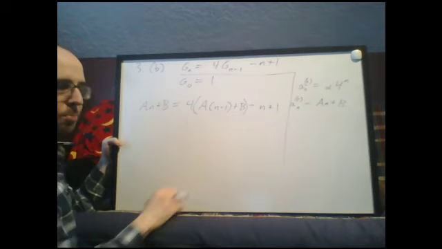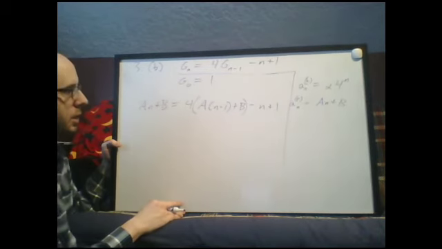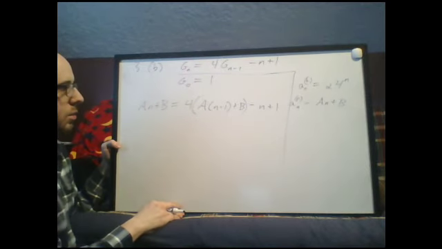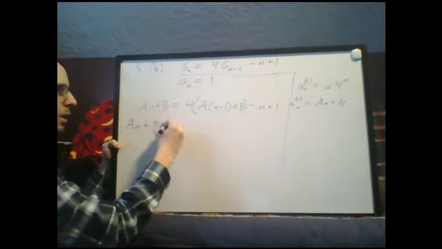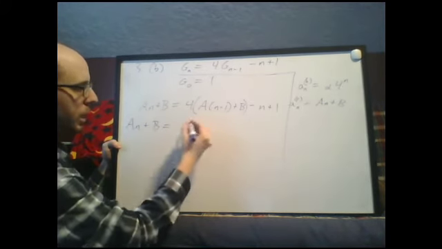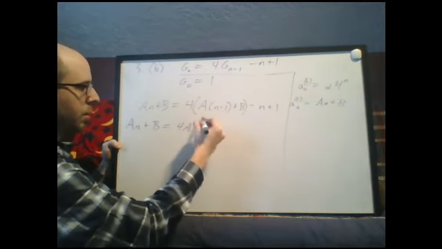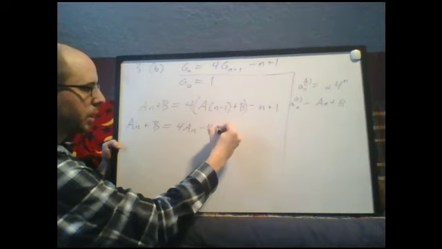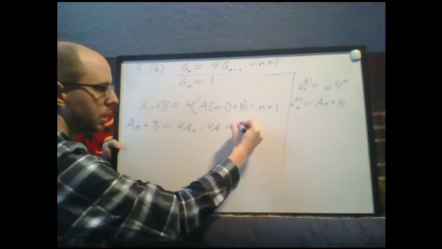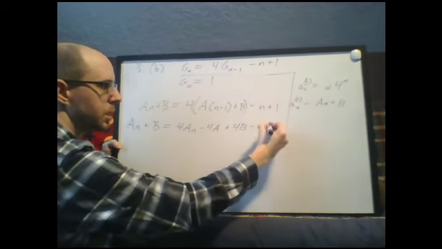Okay, so now I have this polynomial equation that I need to multiply out so I can match my coefficients. An plus b equals 4an plus 4a times negative 1 is minus 4a, plus 4b minus n plus 1.